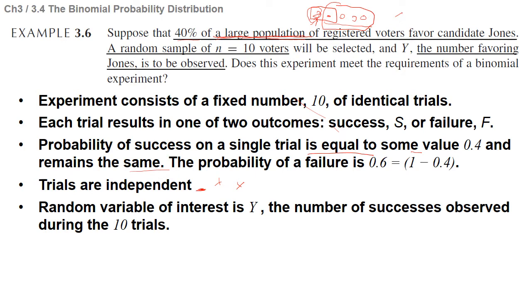But since we assume a large population here, this holds. The random variable of interest is Y, the number of successes observed during 10 trials, which is the sum of Bernoulli trials, the number of people favoring Jones. So we can say that Y follows a binomial distribution, n equals 10, and the probability of favoring Jones is 0.4.